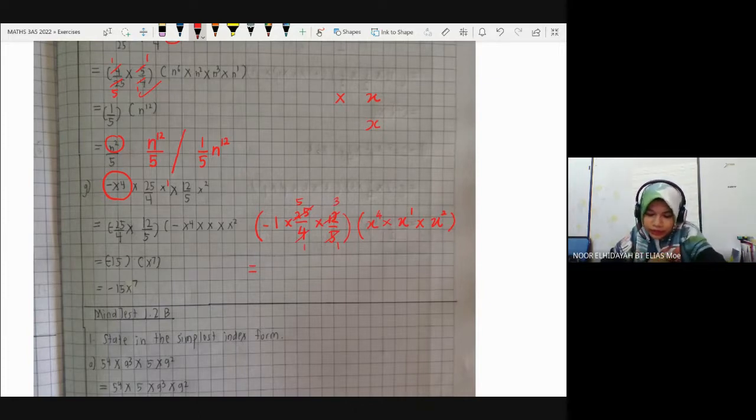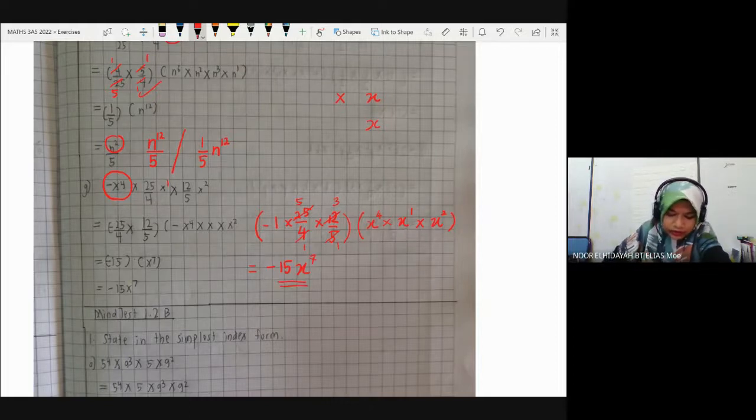So -1 times 5 times 3 is -15. Okay, -15 x to the power of 4 plus 1 plus 2, x to the power of 7. Okay, jawapan dia betul lah. Cuma perbetulkan sikit lagi cara tulis tu.